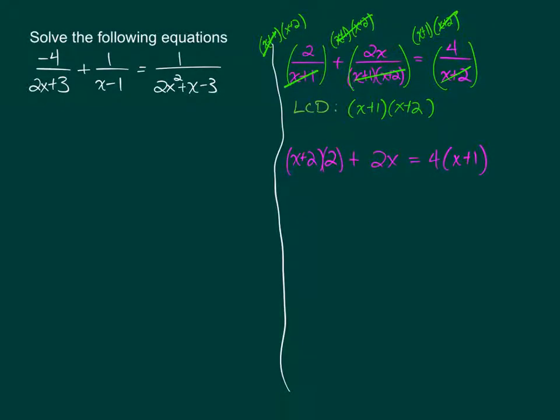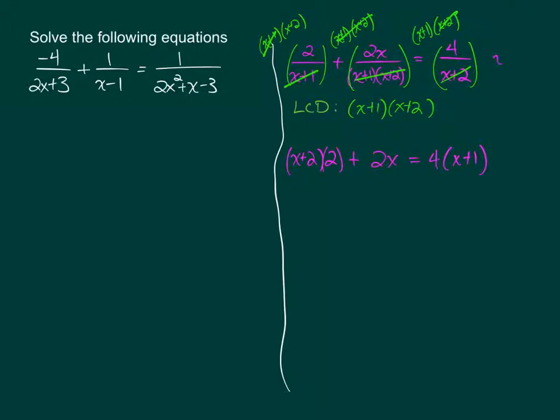So again, we're back in this realm of an easy equation to solve. And before I go any further, I need to find the restrictions. What we need to do is look at each individual denominator, mostly just this one, x plus 1, and this one, x plus 2.